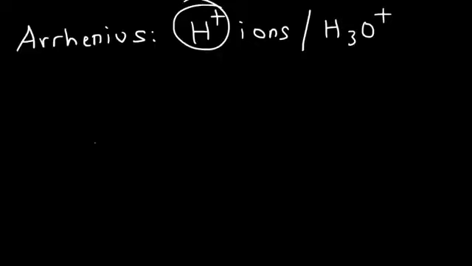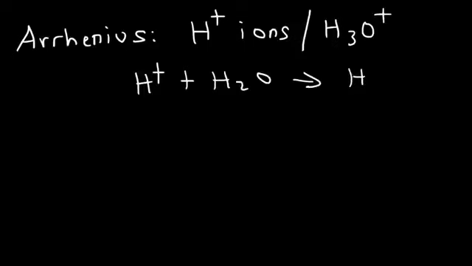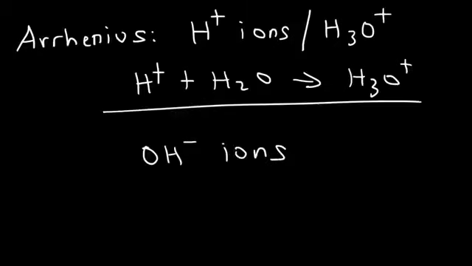This really doesn't exist by itself in water. In fact, it's actually bonded to water, and so it exists as H3O+. The Arrhenius definition of bases is that a base releases hydroxide ions into solution, while acids release H plus ions into solution. So keep that in mind.